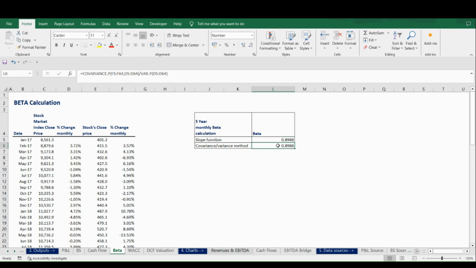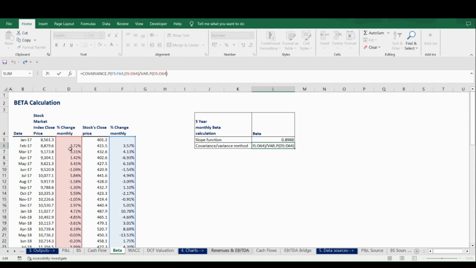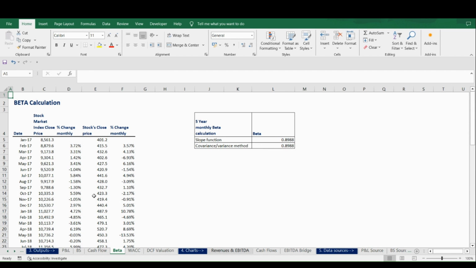Next, we have the covariance method. Herein we divide the covariance of the percentage change in the stock and the index with the variance of the percentage change in the exchange. So you can see with both the methods we are getting the same beta.